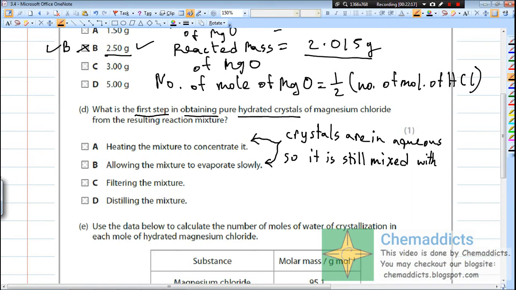Impurities like reactants. Here products as well as reactants are present. So this is what we meant by impurities.